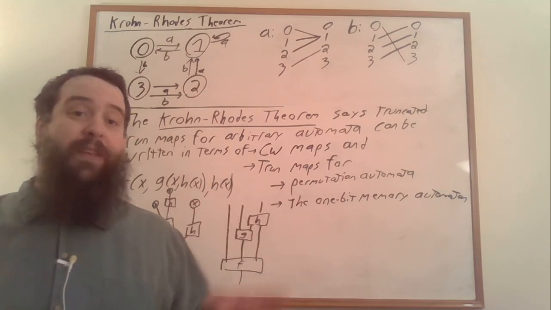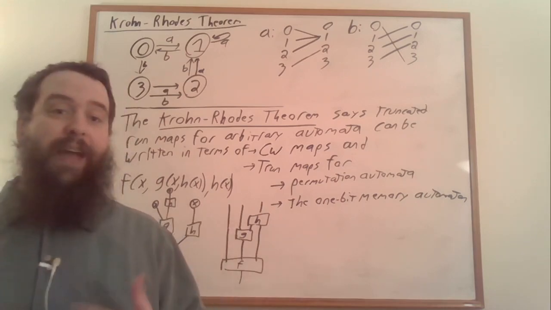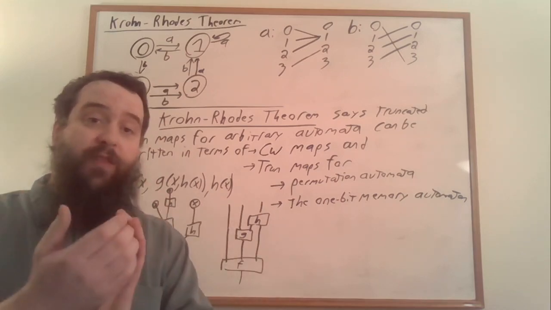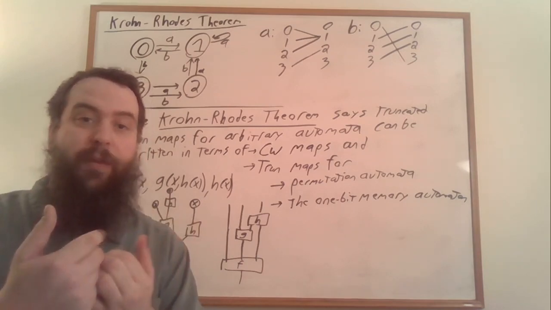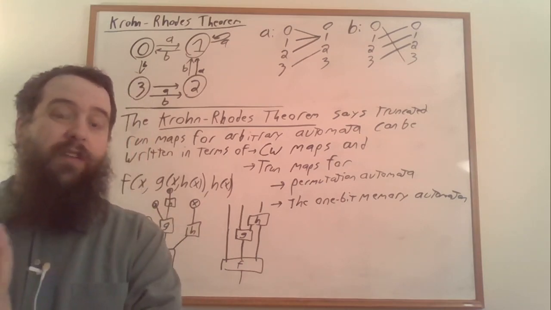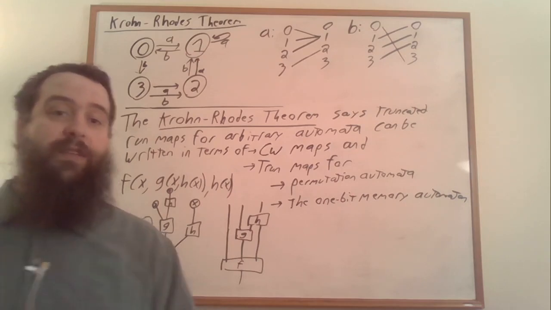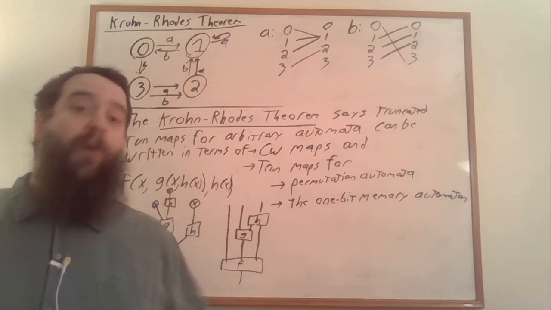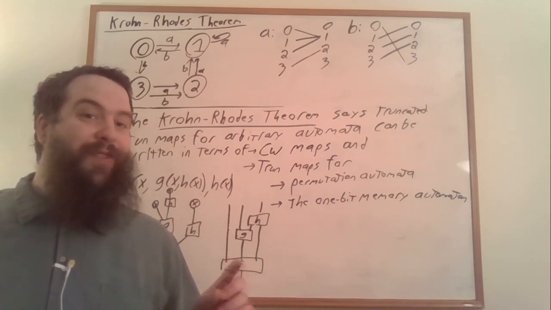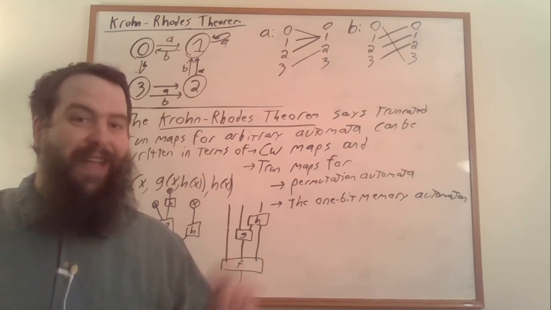Our next step is to recursively apply that process to the n-1 state automaton, break that down into a permutation reset automaton and an n-2 state automaton, and just keep doing this iteratively until we wind up having a 2-state automaton. All 2-state automata are permutation reset automata. I'll let you check that.